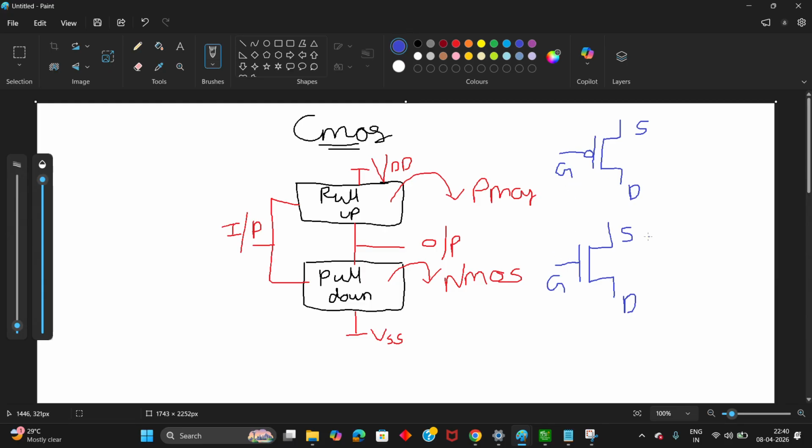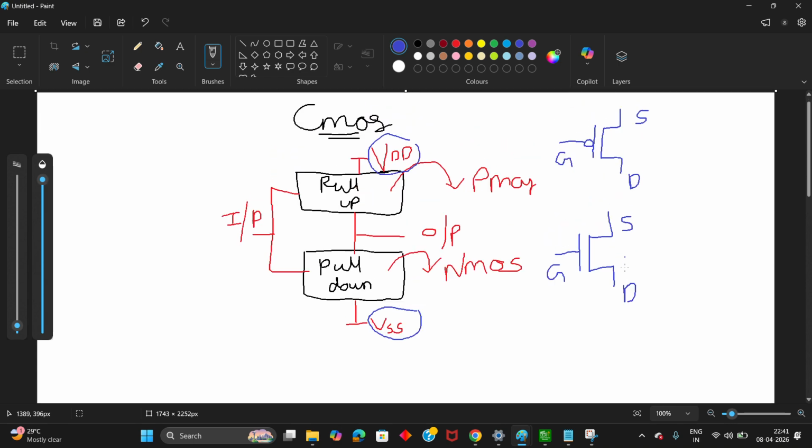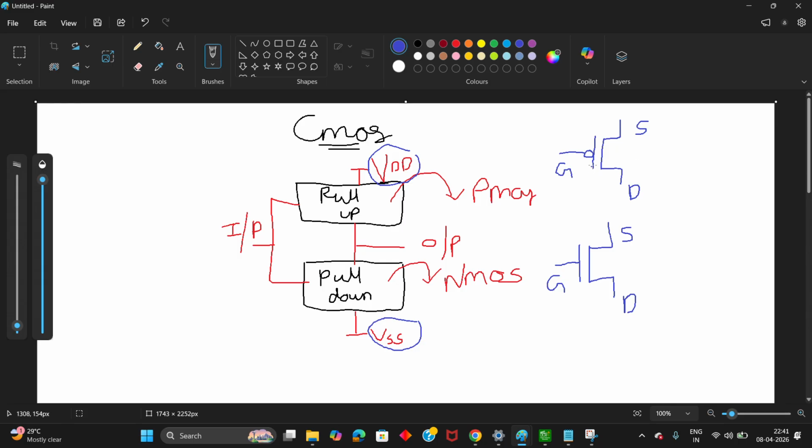Okay, and the biasing, that is the high voltage and the low voltage, we are going to apply to the source terminal. And we are going to have a common connection to both PMOS and NMOS with the help of the drain terminal. Okay, and you need to remember a point. When will the PMOS be on? Whenever your input at the gate terminal is 0, then PMOS will be on.